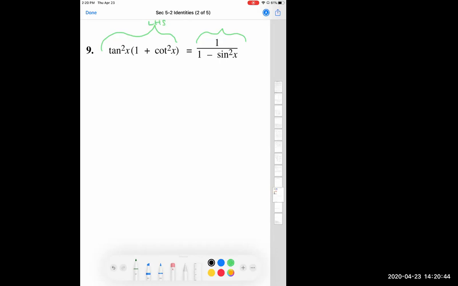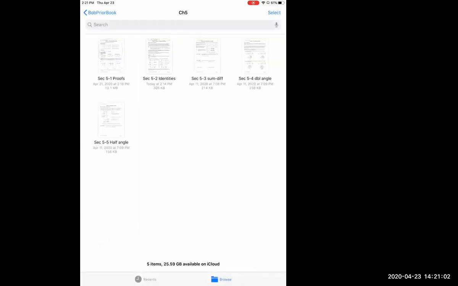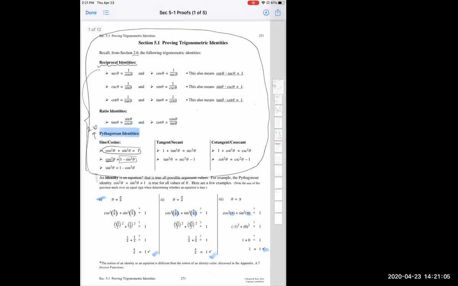Okay, let's try distributing. Maybe that will help us get somewhere. Well, does 1 plus cotangent squared give us anything? I see a square. Maybe it's worth taking a look. So make sure you have this handy from section 5.1, that first page. That has all of your equations.